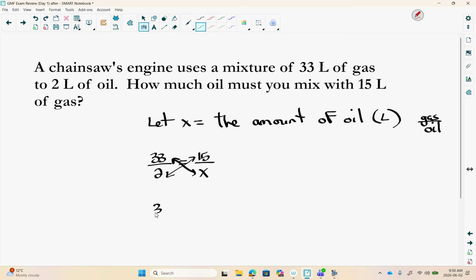I end up with 33x equals 30. I would divide both sides by 33. Those would go away. It would leave x equals 30 divided by 33, 0.9091, we'll say, liters.